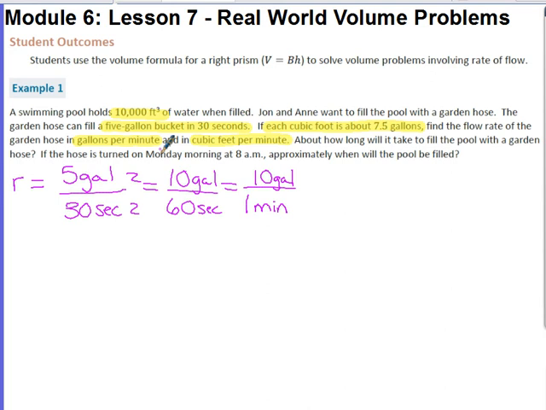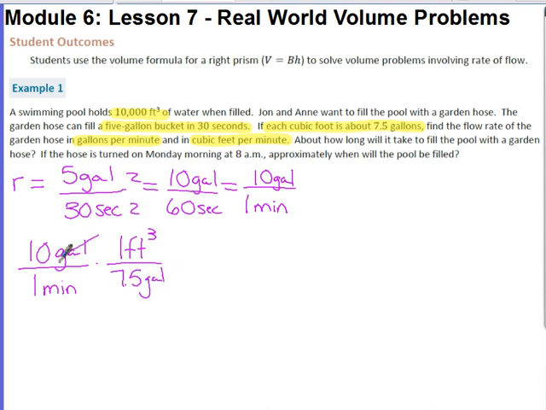The next part, though, is that they want us to find it in cubic feet per minute. So let's start with our rate of 10 gallons per 1 minute. And we're going to multiply this by the fact that they tell us that 1 cubic foot is about 7.5 gallons.